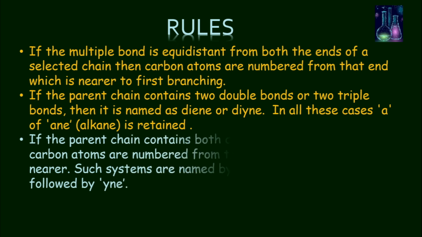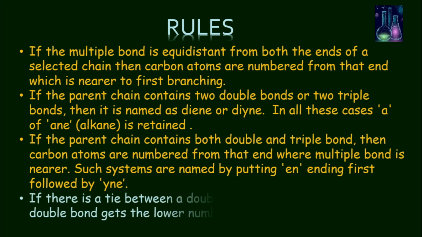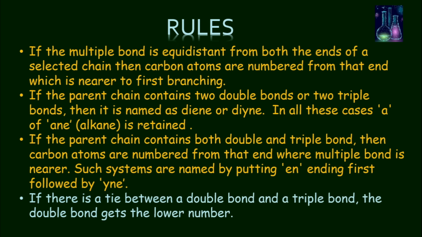If the parent chain contains both double and triple bonds, then carbon atoms are numbered from that end where the multiple bond is nearer. Such systems are named by putting the ene ending first followed by yne. If there is a tie between a double bond and a triple bond, the double bond gets the lower number.